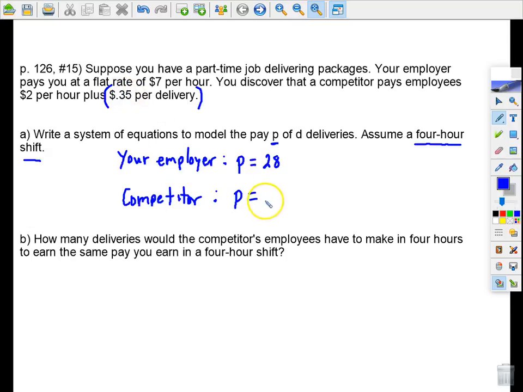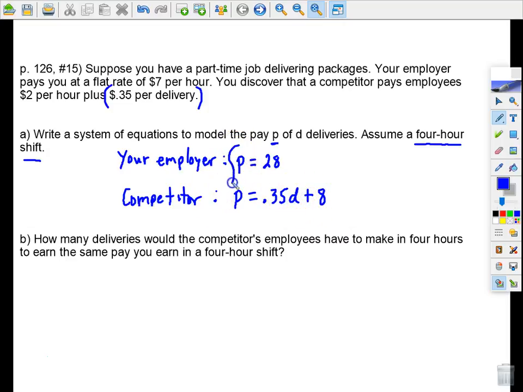This is a constant rate of change. 35 cents times the number of deliveries is one aspect of pay, and then the other, a fixed amount, $2 per hour. So $2 times this 4-hour shift makes $8. So the competitor pay is going to be determined in large part by the number of deliveries. That's going to change the pay at 35 cents per delivery. And again, we're basing all of this on a 4-hour shift. So at $2 per hour, that $8 is a constant, and that would be like the y-intercept.